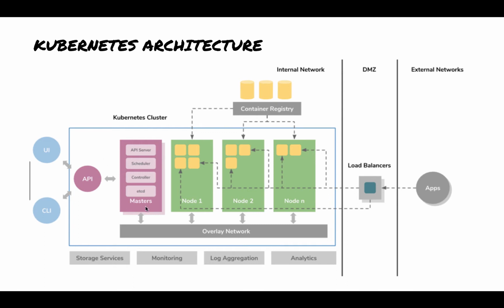So this is what the master does, and the slaves just host the containers, and they have a slave component in them which continuously talks to the master controller and tells about the state of the services running on it. And the master is also connected to all the slave nodes using an overlay network so that all the containers can communicate with each other and with the external world.